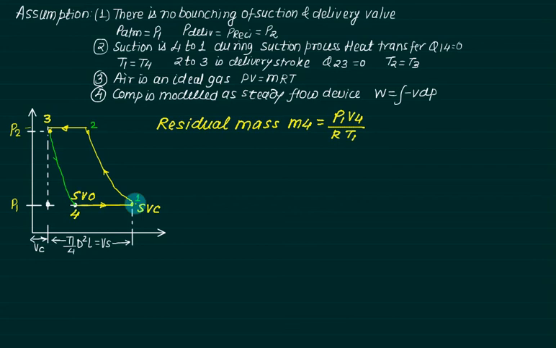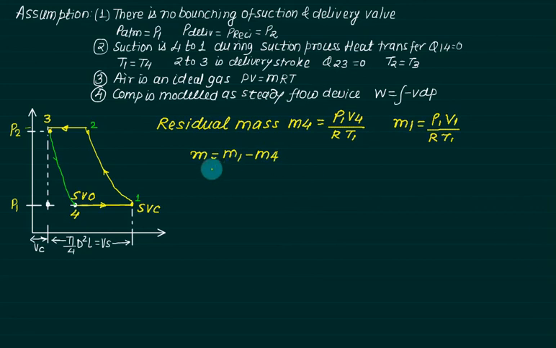At the end of the suction stroke, the mass in the cylinder M1 equals P1 V1 upon R T1. I have written T4 equal to T1 because my assumption is that T1 equals T4. So, the net mass inducted, that is the fresh charge, equals M1 minus M4.